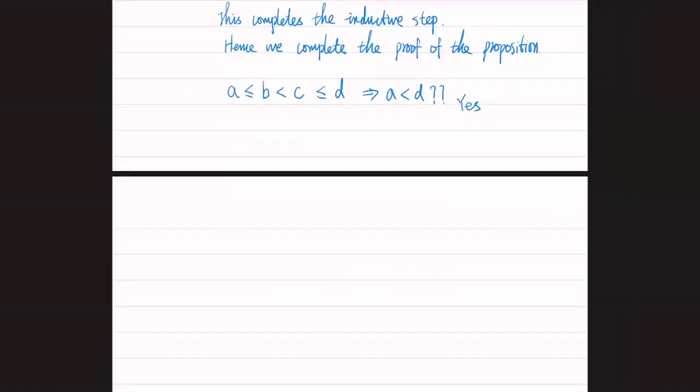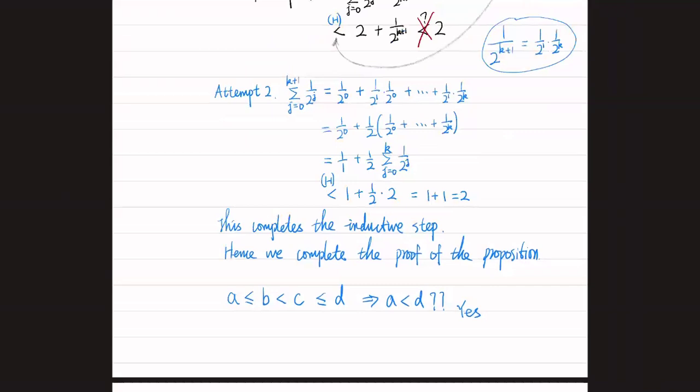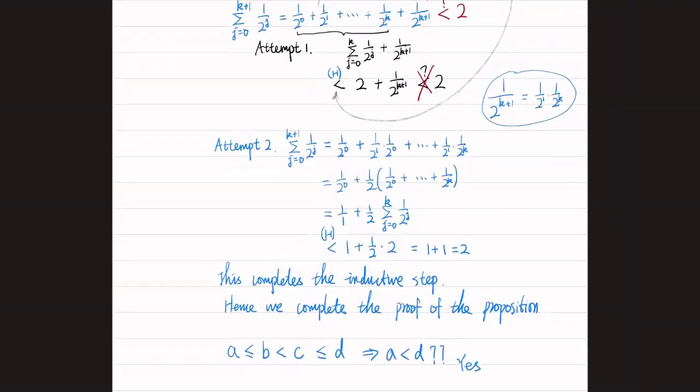Okay. Other questions? Aaron, do you have questions? So you're saying less than 1 plus 1/2 times 2 equals 1 plus 1. Uh-huh. But it said less than 2, that's the hypothesis. But the hypothesis is this is less than 2, but it says equals 2.